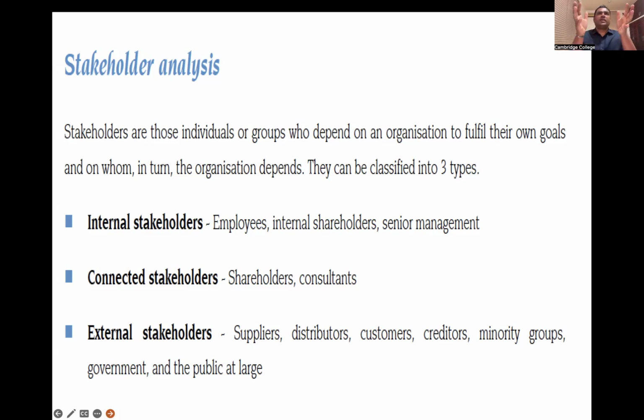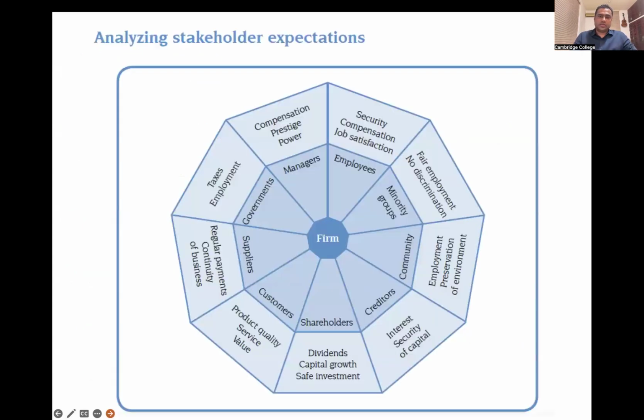A stakeholder is an individual or a group that can impact the organization's activities or be impacted by the organization's activities. That is a stakeholder. And you need to study the definition as well as the three types of stakeholders: internal stakeholders, connected stakeholders, and external stakeholders.